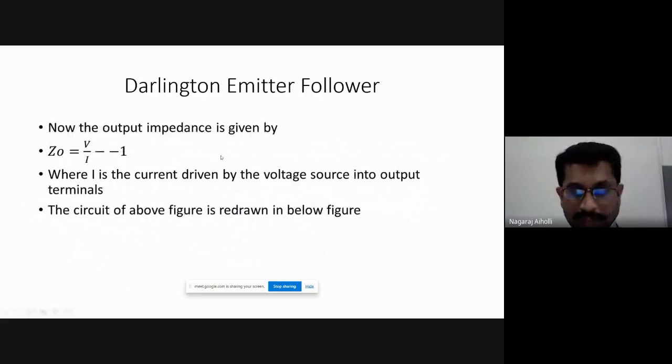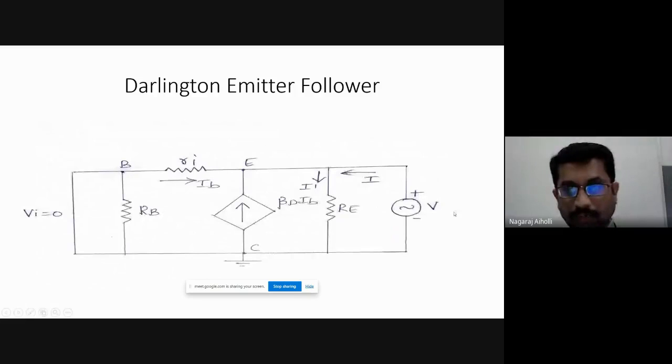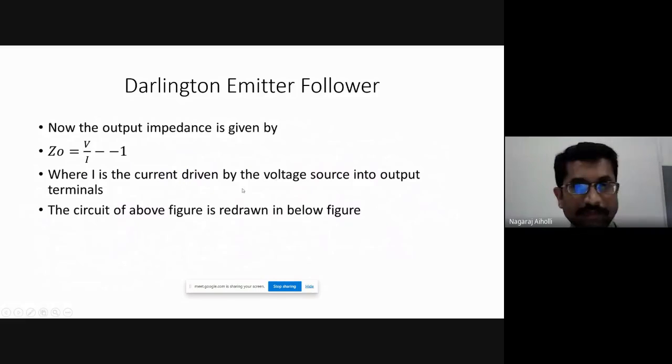What is output impedance? Output impedance is output voltage by output current, that is V divided by I. V is the output voltage, I is the output current. Therefore, V by I gives the output impedance Z0. I is the current driven by the voltage source into the output terminals.